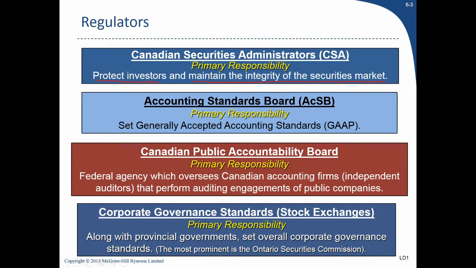So the Canadian Securities Administrators believe that generally investors aren't very smart, that you and I aren't capable of handling our own money and we can't make good investment decisions, okay? So we need protection. And that's why if a company is found to be lying on its financial statements, their stock will be delisted. We can no longer buy that stock, buy that security.